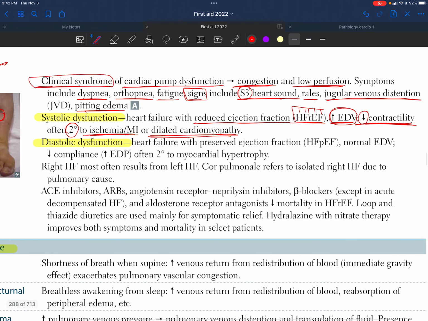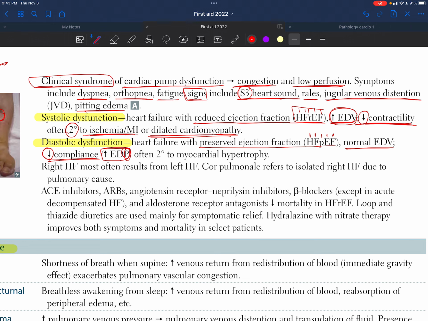Now diastolic dysfunction is heart failure with preserved ejection fraction. We see a normal end diastolic volume, but a problem with the compliance of the ventricle. There is reduced compliance, which means an increased end diastolic pressure this time, not volume.